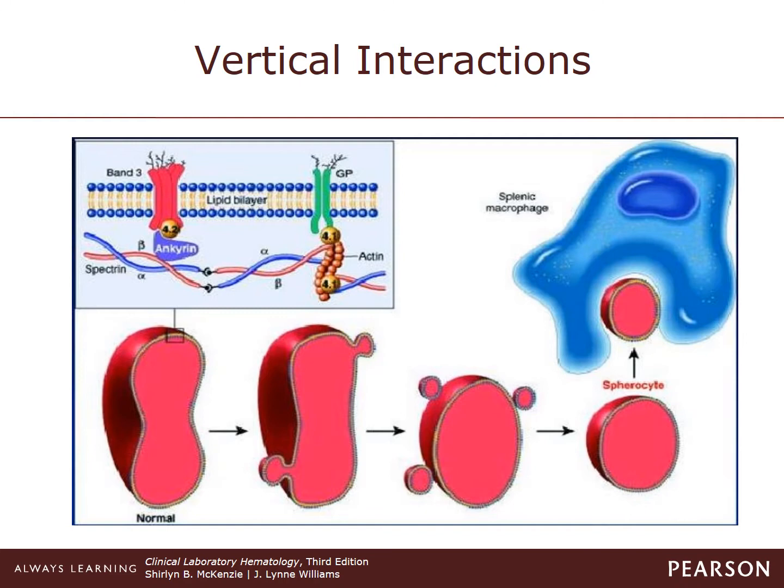As you see in this image, you see the normal discocyte. Then portions of selective loss will happen to that bilayer, leading to a decreased surface area to volume ratio and net loss of the membrane, leading to the formation of a spherocyte and eventually hemolysis of the red cell.